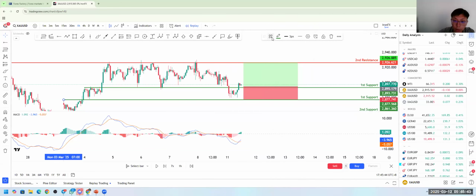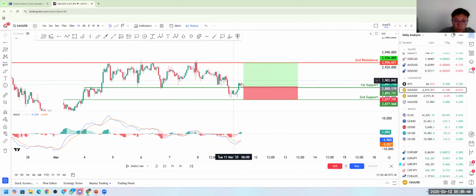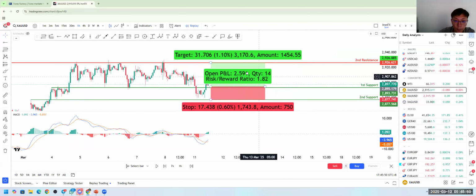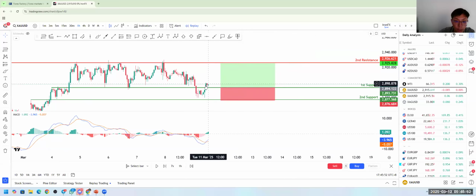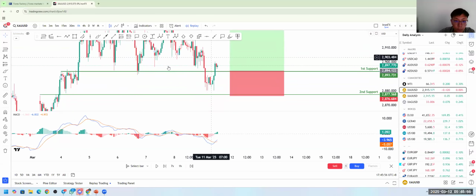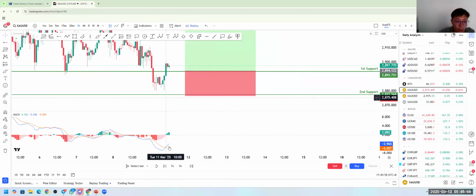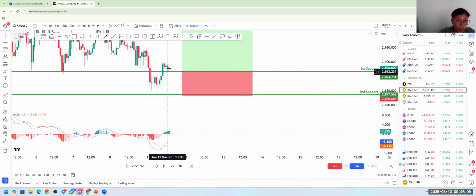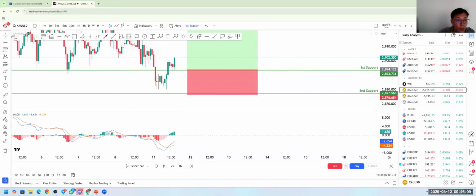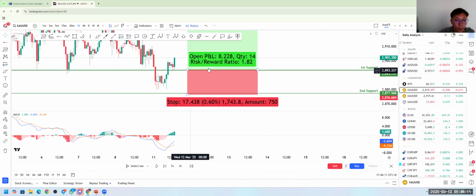Then this is now your second support. Looking at price here, you look at this candle: is there a MACD crossover, and is price above this support? Then you enter when price reaches this first support area. So it is this level over here.